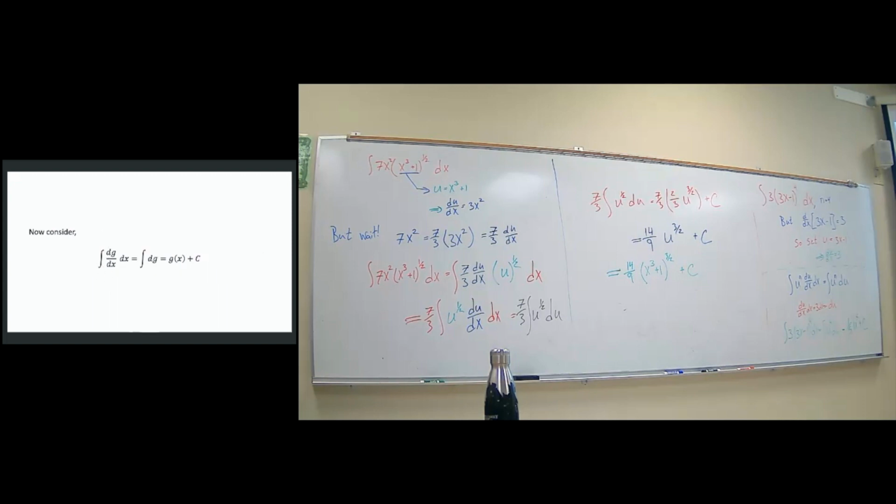So the integral then of a general function, let's say we have some function g with respect to x, and we differentiate it with respect to x, well then you're going to get this sort of cancellation. Like I said, it's not really a cancellation, but you can think of it as sort of like one. That reduces this to just the integral of d of g, with respect to g. But g is a function of x, so what you're going to get out is g of x plus c.